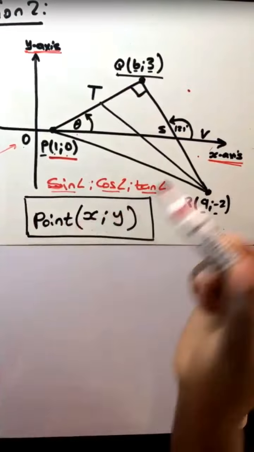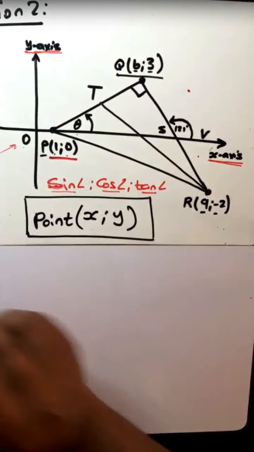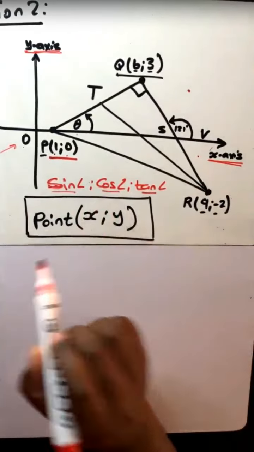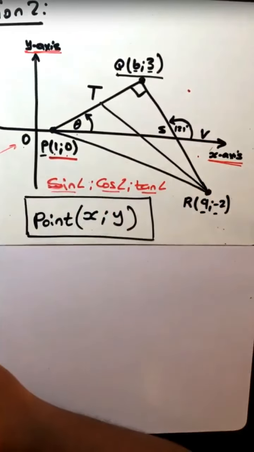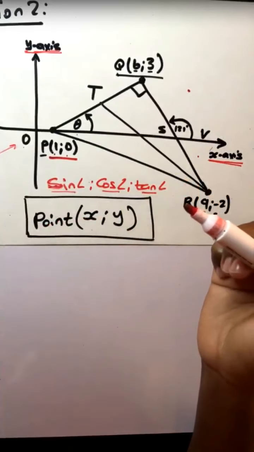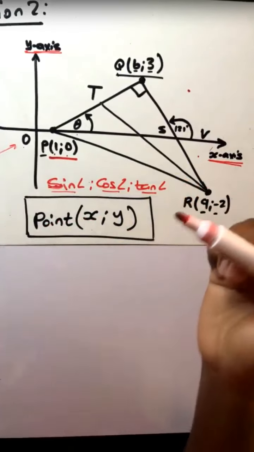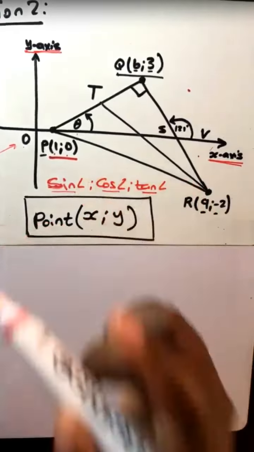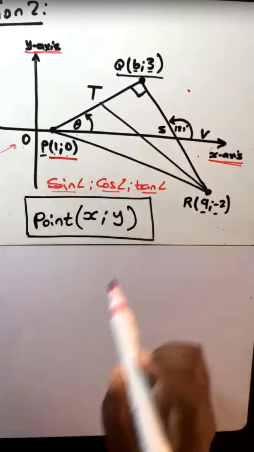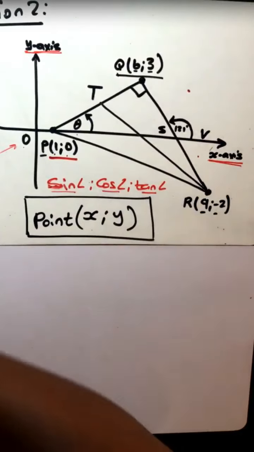So we know we've got what we call the reciprocals of sine. It's what we call cosec. For cos is sec, and then for tan is cot. Those are what we call the reciprocals of the trigonometric ratios. What are the trigonometric ratios? Sine, cos, and tan. Good people, I hope that makes sense.